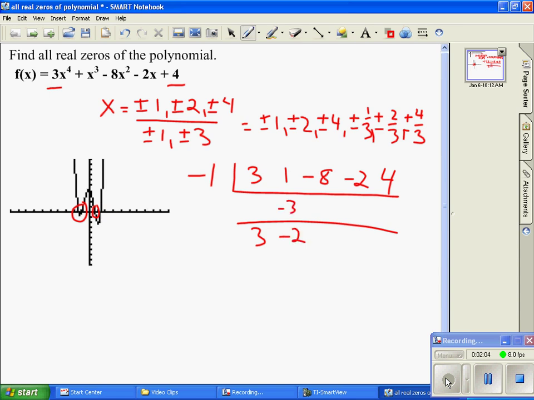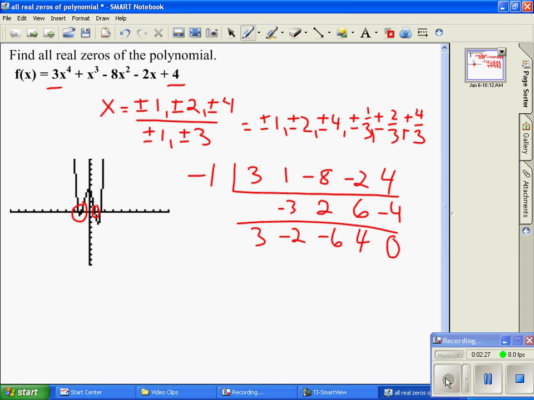So add the column gives you -2. So we get -1 times -2 is 2, so we have -6. So -1 times -6 gives us 6, which gives us 4 in this column. And so then -1 times 4 gives us -4. So the remainder is 0. So that was the -1.